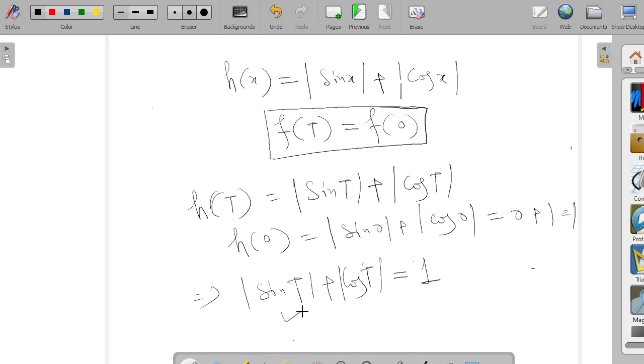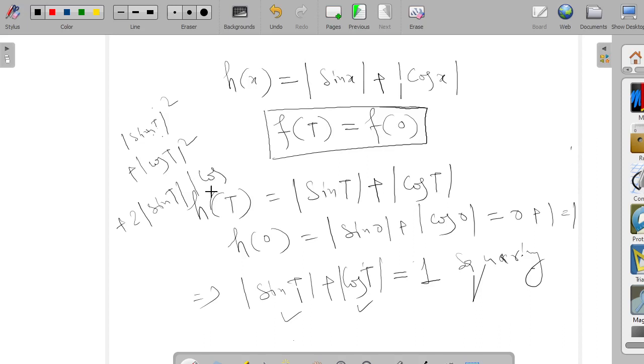Now mod sin t is positive and mod cos t is positive, so on squaring we get mod sin t square plus mod cos t square plus 2 mod of sin t mod of cos t.